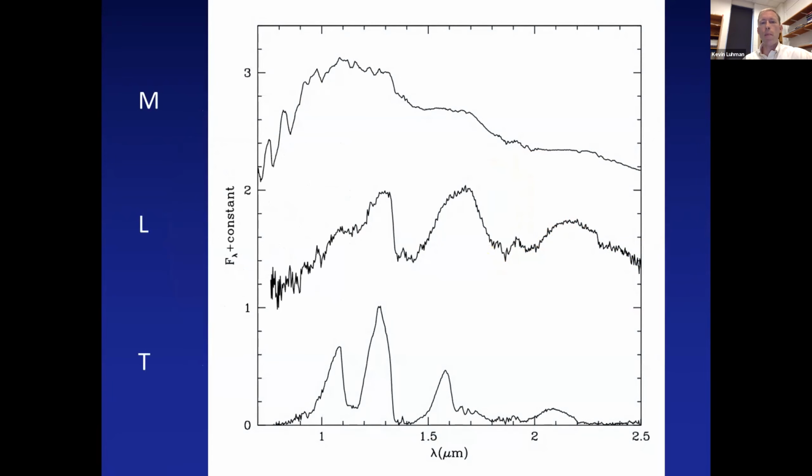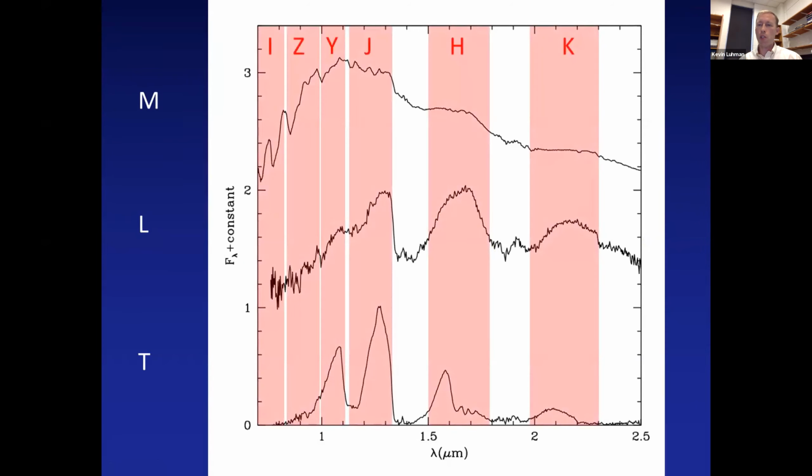Here are examples of low-resolution spectra at red optical and infrared wavelengths for M, L, T, and Y types. We can see these strong bands due to absorption from water and methane in the case of T dwarfs. Because of these bands, because of this complicated structure in their spectrum, these objects can produce distinctive colors in broadband filters.